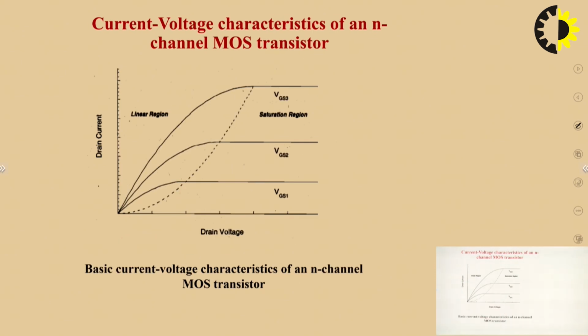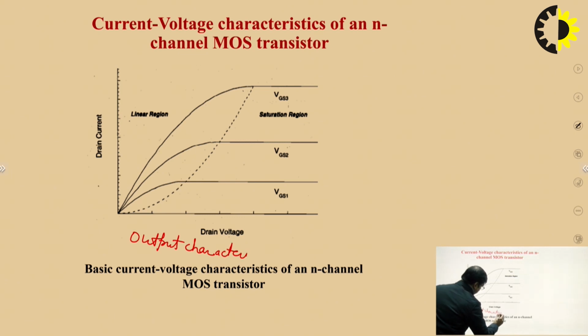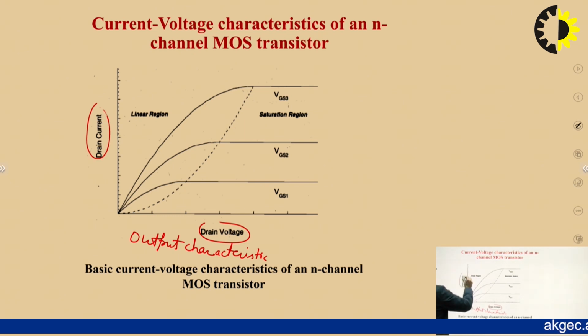Now, the other characteristic, which is the output characteristic. Output characteristic is between drain voltage and drain current, for different values of gate voltage.